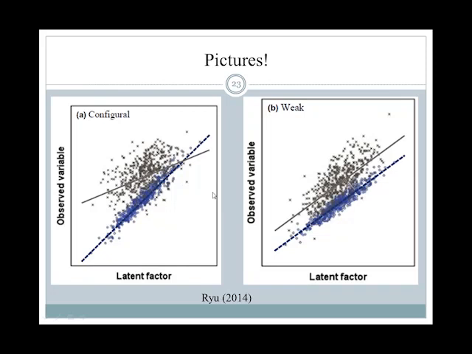When our loading, our intercept, and our unique variance differ by group, this is what we see, where we have two different groups, a blue group and a gray group. You notice that the loadings are different because the slopes of the lines are different. Also, assuming this is the 0 point, the intercepts are different. And then notice also the spread of the dots around the group line.